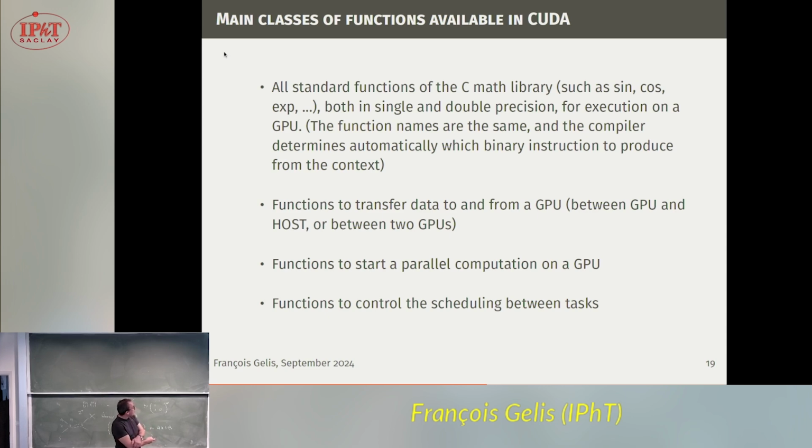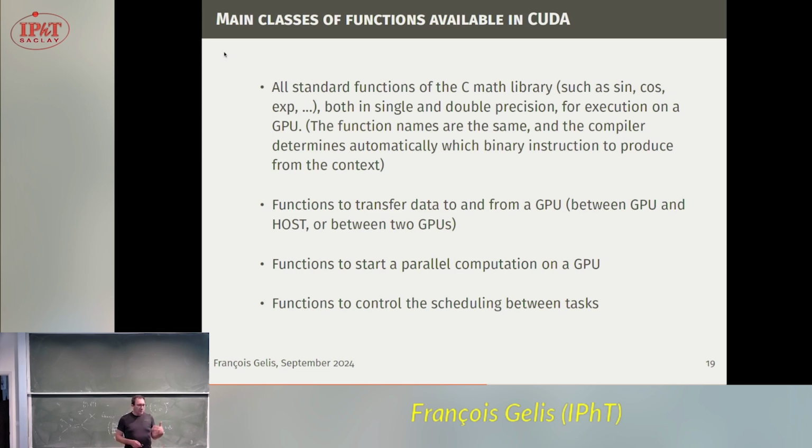Then there is a whole family of functions that are used to transfer data from the host to the GPU, from the GPU to the host, to allocate memory on the GPU, to deallocate memory on the GPU, or also to copy directly from one GPU to another GPU.